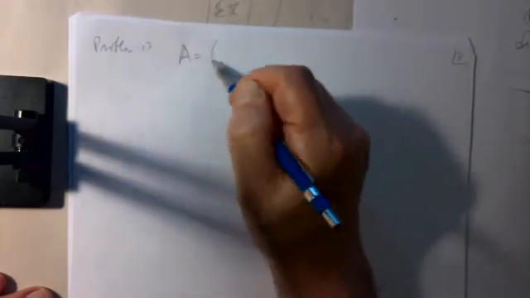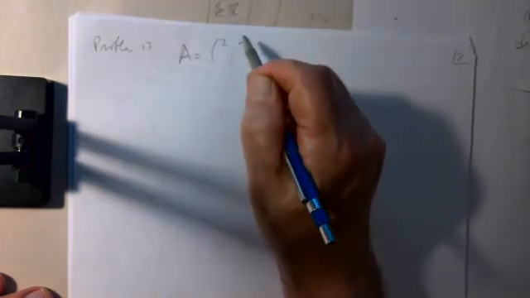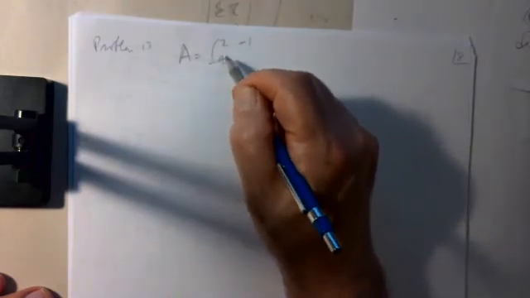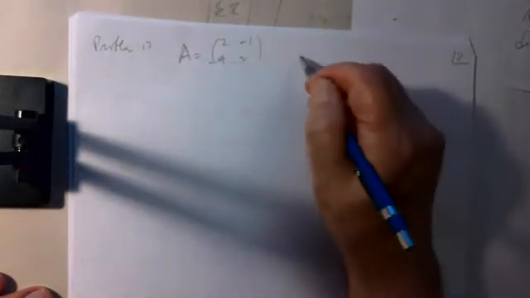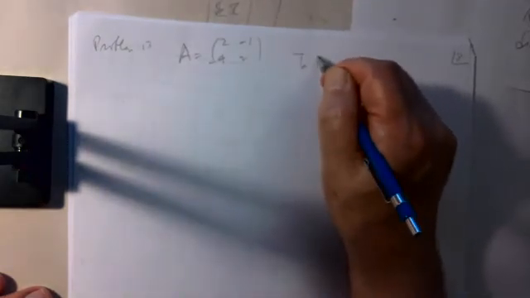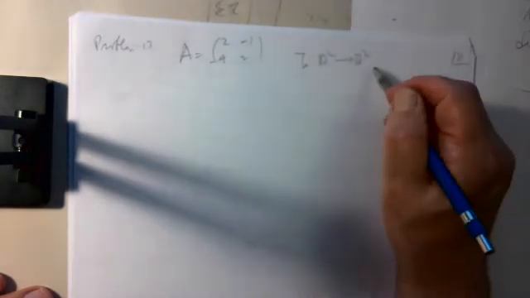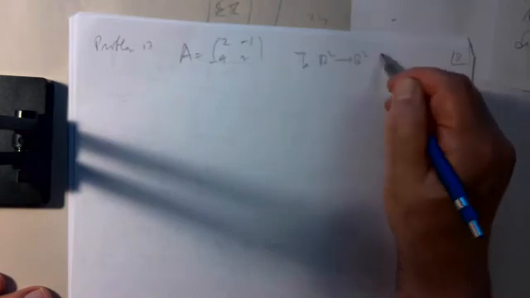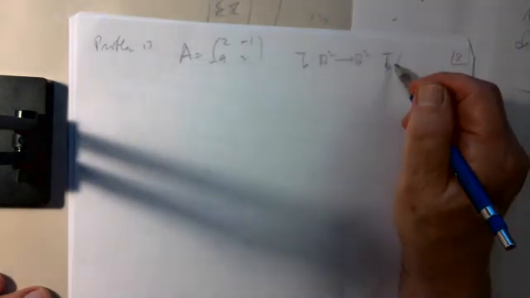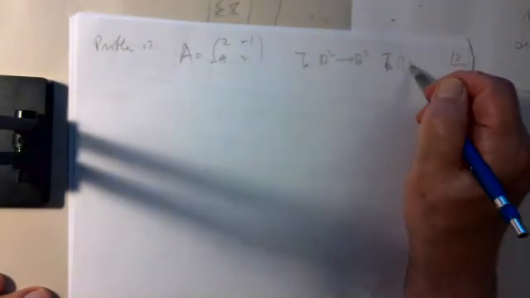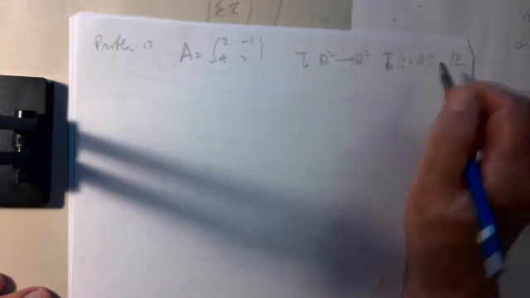So A is the matrix 2, minus 1, minus 4, 2. And T sub A is the linear transformation from R2 to R2 defined by T sub A of a vector xy is just the matrix A times xy.